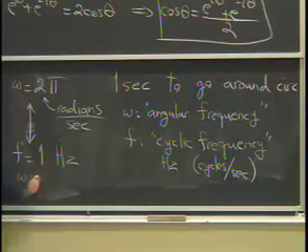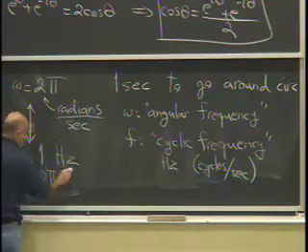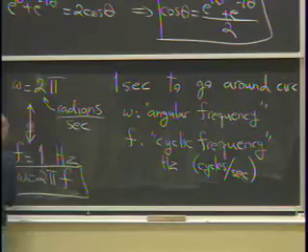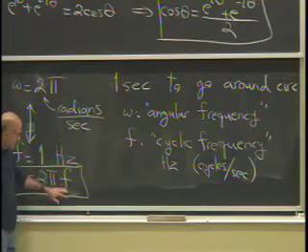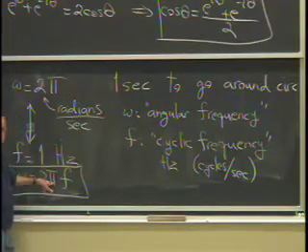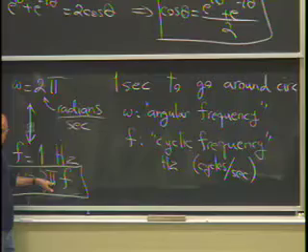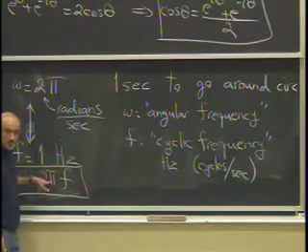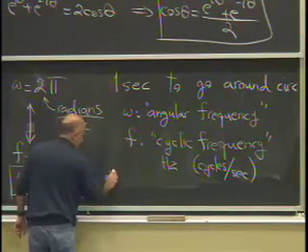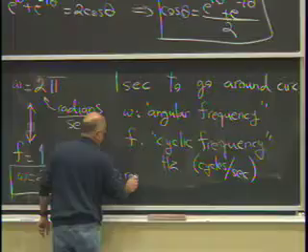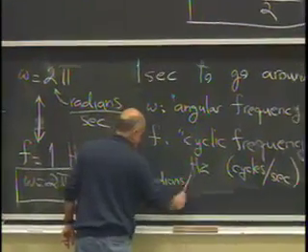And the relationship between these two is omega equals 2 pi f. F is cycles per second. 2 pi is radians per cycle. So you get radians per second. Let's write that explicitly. 2 pi is radians per cycle.